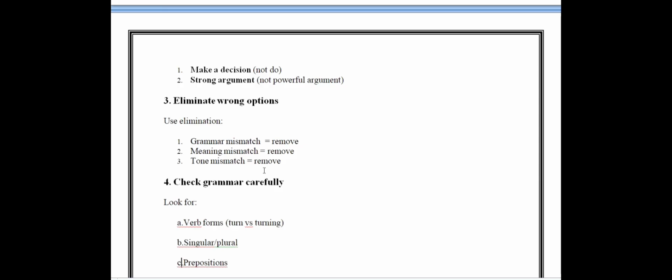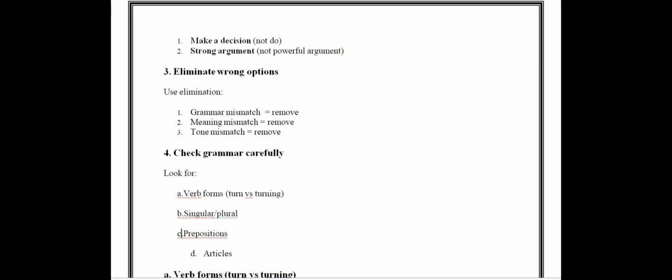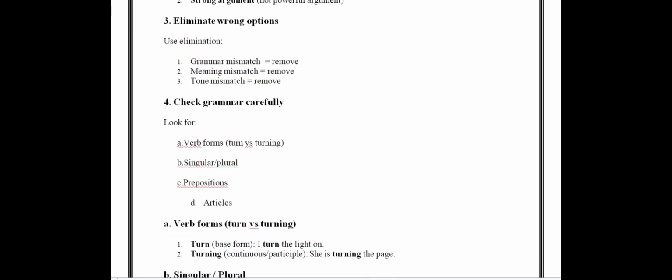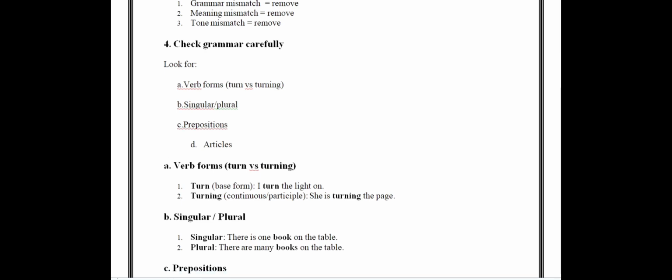Right. The next one is check the grammar carefully. You need not be a great expert in grammar. Not even the students who make the highest scores are excellent in grammar. So please don't worry about grammar in the first place. The small things you can perceive properly.